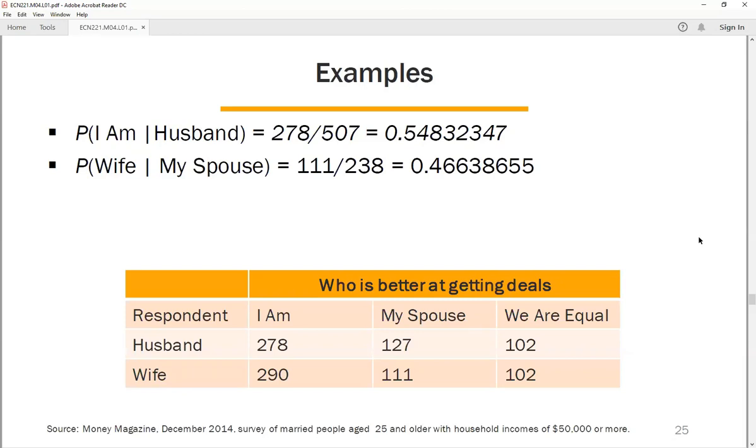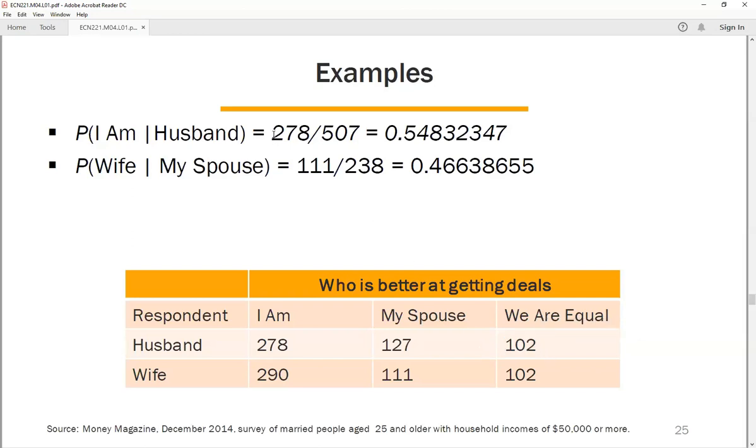Well, we're going to take the joint probability, so that's the 278, where I'm finding that is the joint frequency for husband and "I am" is 278, divided by 1010, and then take that value and divide it by the marginal probability of husband, which is 507 divided by 1010. Where the 507 is coming from is I take 278 plus 127 plus 102, and that gives me the 507.